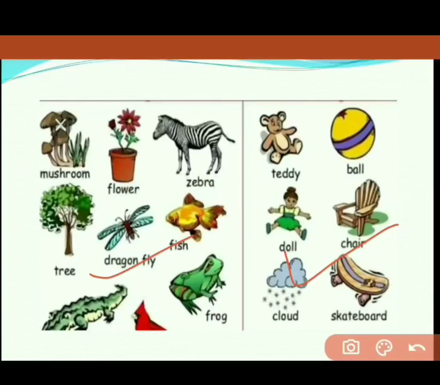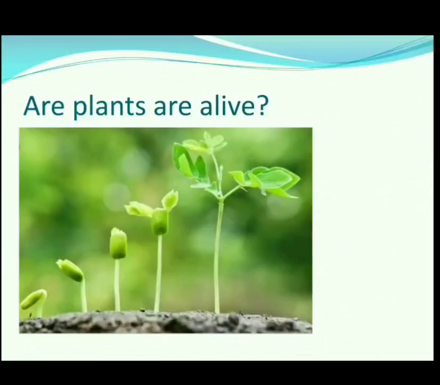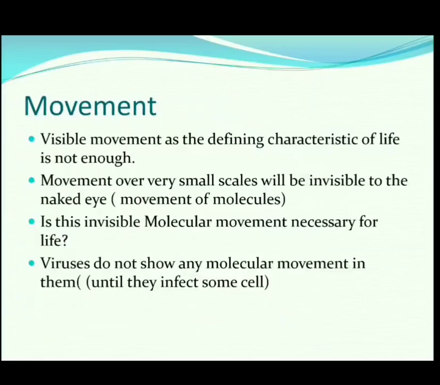So how do we tell the difference between what is alive and what is not alive? Based on the movement. But what about the plants? Plants are not moving from one place to another, though they are considered living organisms. Why?